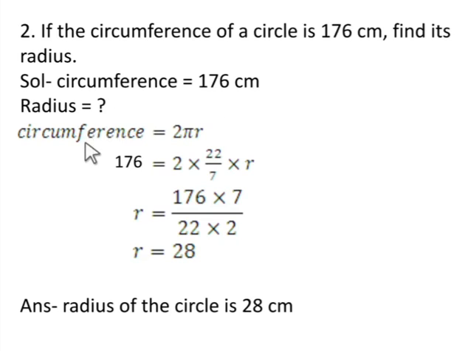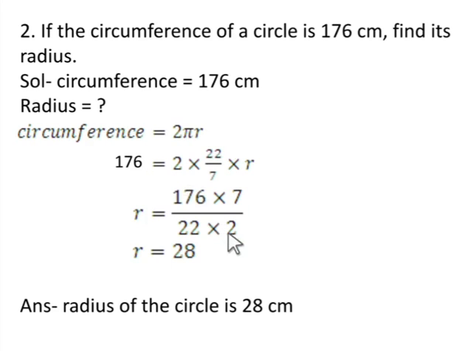Now we will use the formula for circumference, that is circumference is equal to 2 pi r. Now put the value of circumference. It is 176 is equal to 2 will remain as it is. Write 22 upon 7 for pi and r for radius. Now as you have to find the value of radius, here these numbers 2 and 22 upon 7 will be written on the other side.